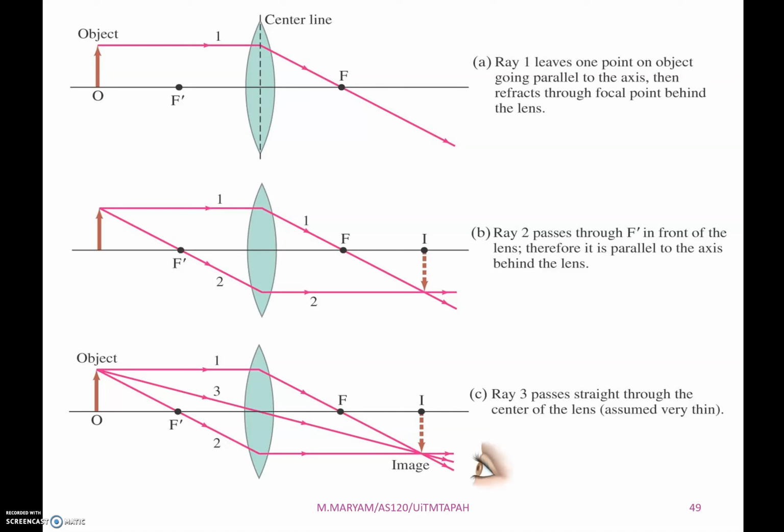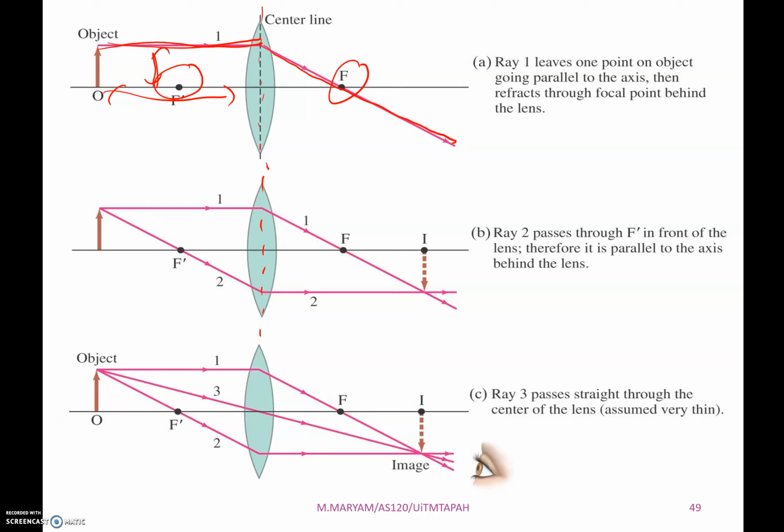Number one, draw a straight line from the height of the object which is parallel to the axis. So it has to be parallel to the axis. Stop at the center line. So you must always draw the center line. Once you stop there, continue towards the focal point. Now you can see here there are two focal points. Don't be confused. Focal point can be behind and also front of the lens.